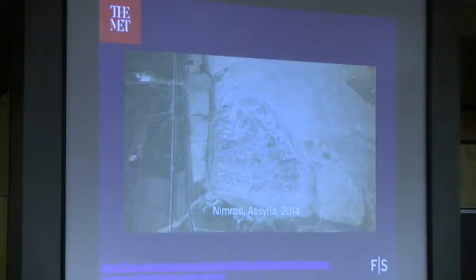So I just wanted to highlight a couple sites. Nimrud, in Iraq, is ancient Kalhu or Kala. It's located in northern Iraq, and it was one of the sites that underwent a lot of damage. It's approximately 30 kilometers southeast of Mosul in Nineveh Governorate, on the eastern bank of an ancient bed of the Tigris River.